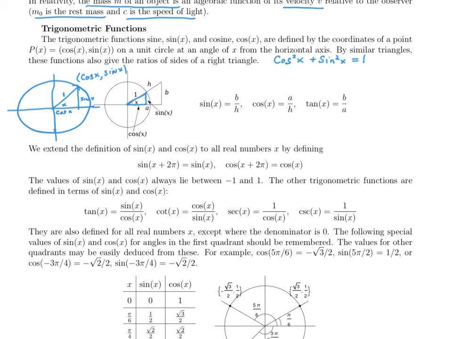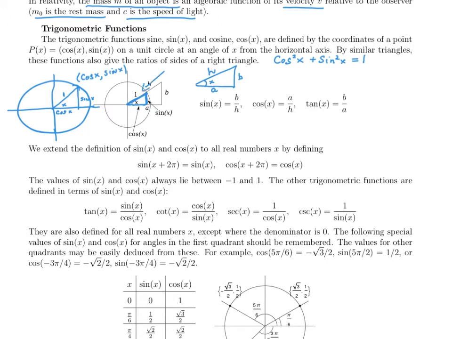Now what this picture on the right is about is if I take any right-angled triangle with any hypotenuse of length h, the other sides are a and b, and let's suppose this angle at this corner is x. I can slide this triangle into this corner and it fits perfectly because the angle is x.